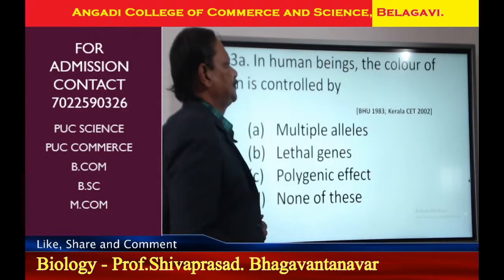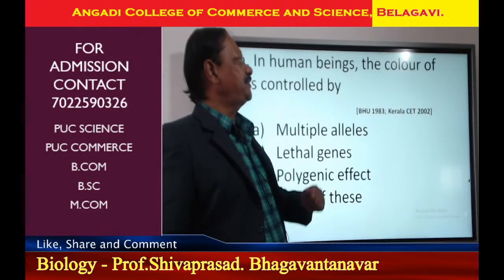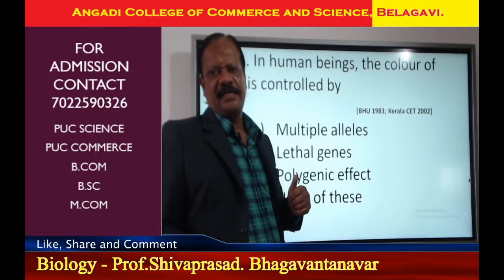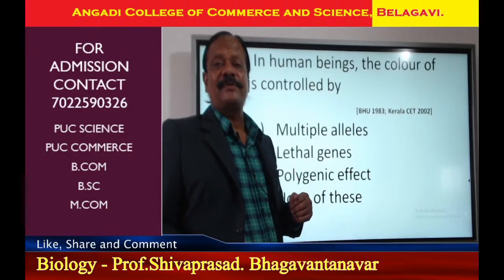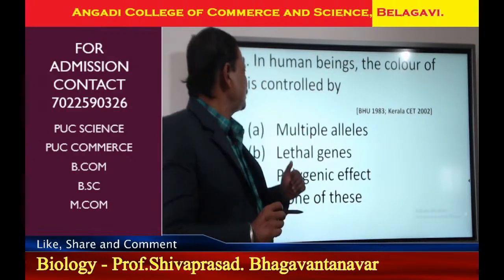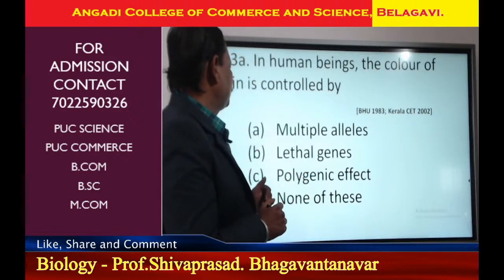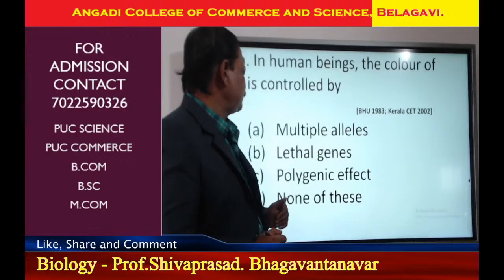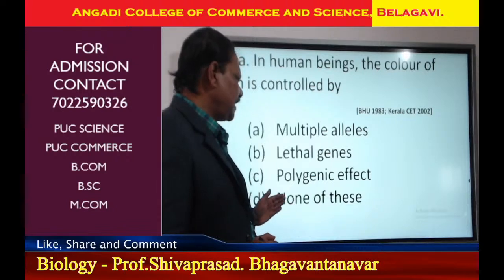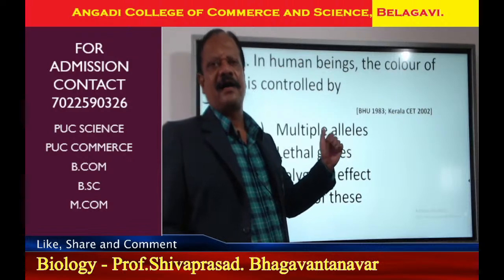Move to the next. Now here, in human beings, the color of skin is controlled by. Here, some of the genes are responsible for controlling the skin color. And here, just see, multiple alleles, lethal alleles, polygenic effect, then none of these. Here, the right answer is multiple alleles.